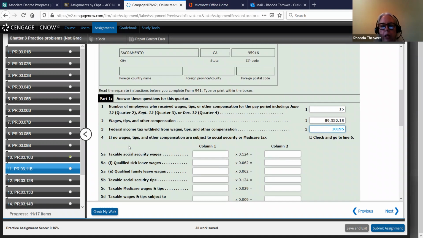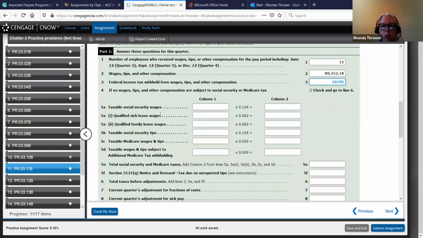Then we're going to drop down to line 4. And it says on line 4, if no wages, tips, and other compensation are subject to Social Security or Medicare tax, you check there and go on to line 6. We're not going to check this because all of our wages were subject to Social Security taxes and HI taxes.